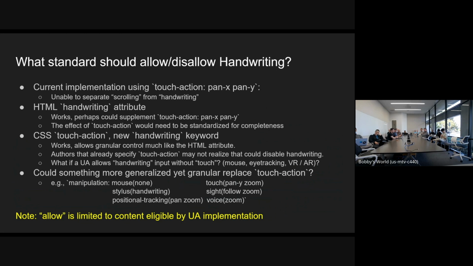So you can turn off one direction of scrolling to turn off handwriting, but if you wanted to have both, that's currently not a possibility by using touch action in its current state. But we're talking to the CSS pointer events group to add a new keyword potentially, and maybe some other changes if we need a little more granularity for that. So there should be a PR in that area soon.